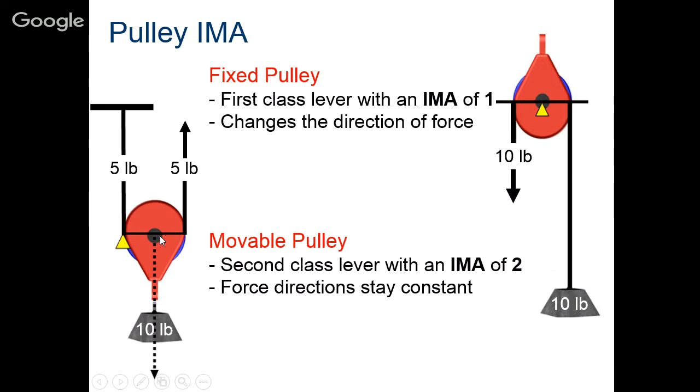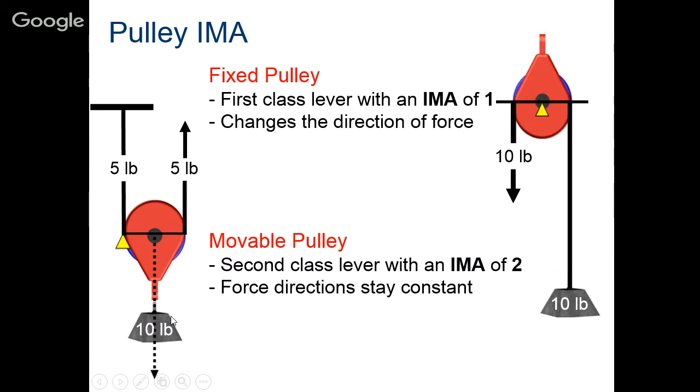So if we shove that into our IMA equation, we get an ideal mechanical advantage of 2. However, notice it changes the direction of the force. And another thing it doesn't say in here, and I wish it did, is you're going to have to pull twice as high in order to move this just as much as you want to.